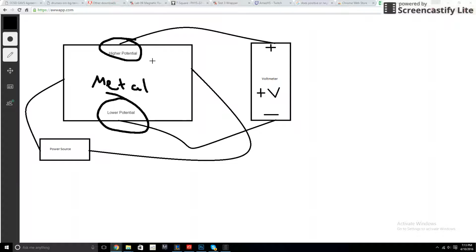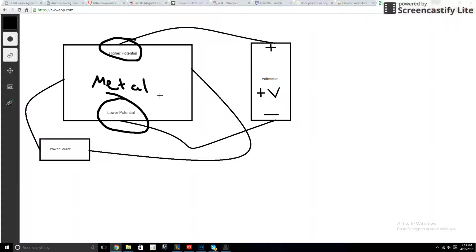In other words, I thought higher potential was where all the negative charges were. That is incorrect. Higher potential is where the positive charges are, and this is relevant because it basically messes up the direction of the perpendicular magnetic or electric field that is driving these charges up and down.